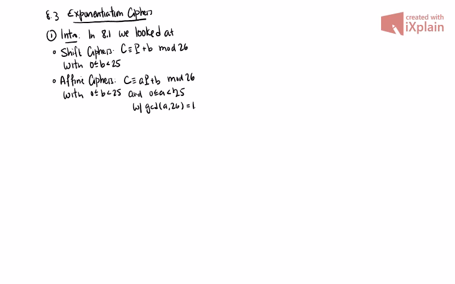So the thing to point out here is that really any function that's invertible could work. Let's say any assignment, for example, C is congruent to some function of P mod 26 would work.